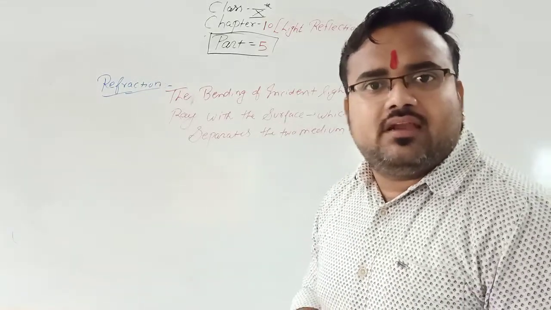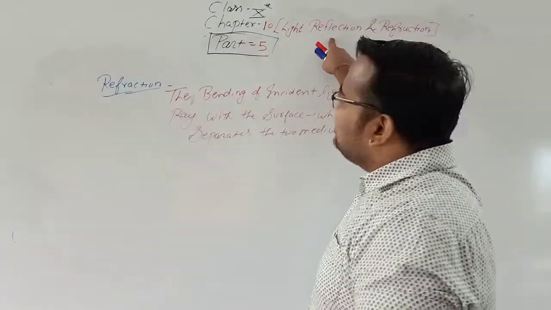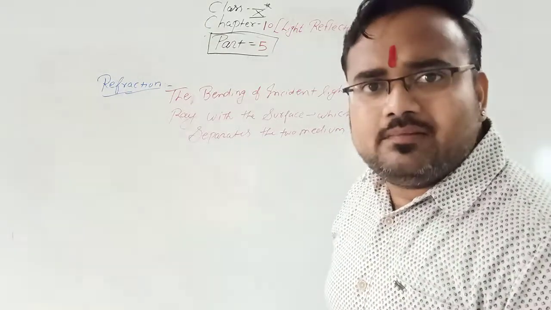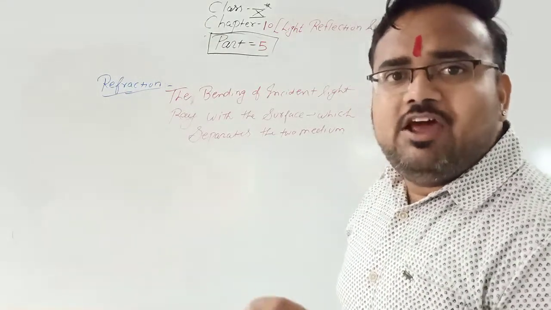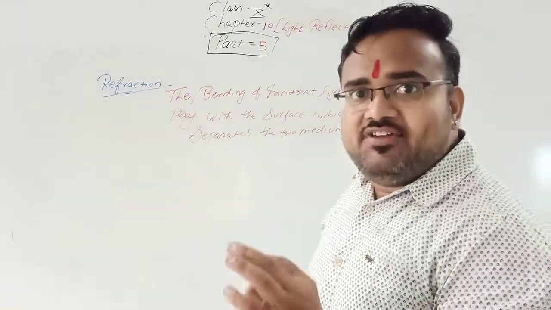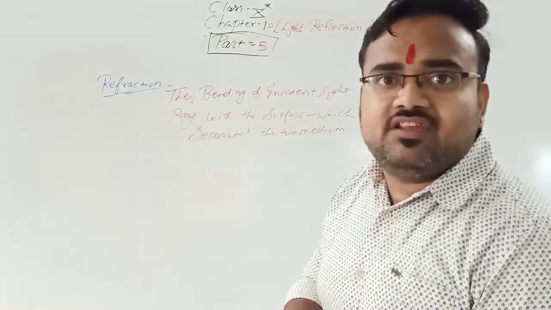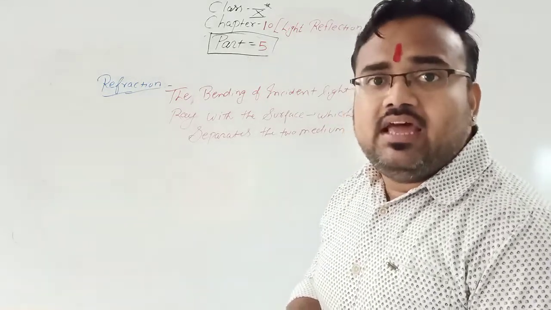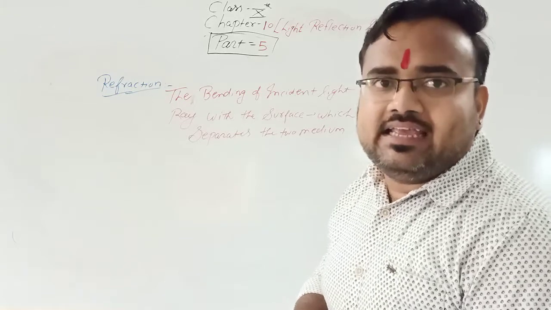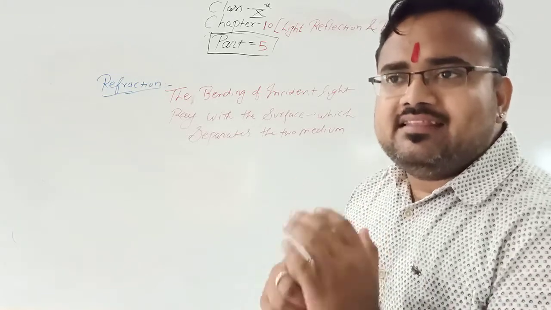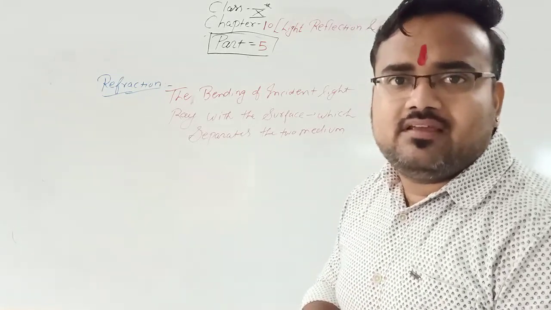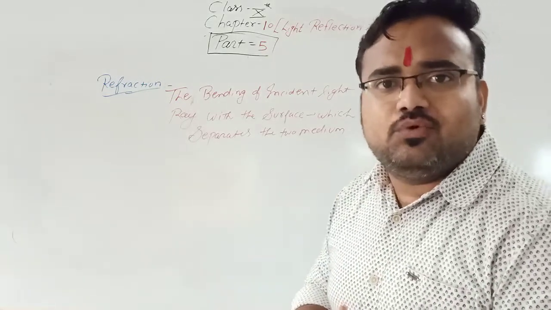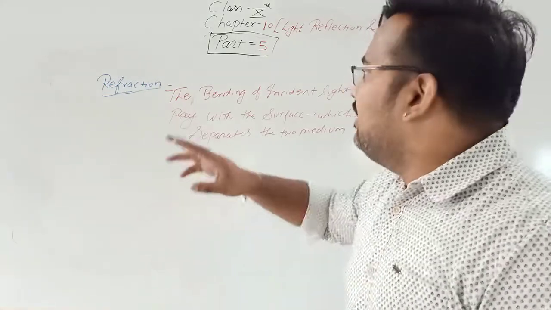reflecting surface. So in reflection we have seen plane mirror, concave mirror, convex mirror, and we have also seen convex lens and concave lens. Okay, that all was reflecting, the mirror having a smooth reflecting surface. Clear?